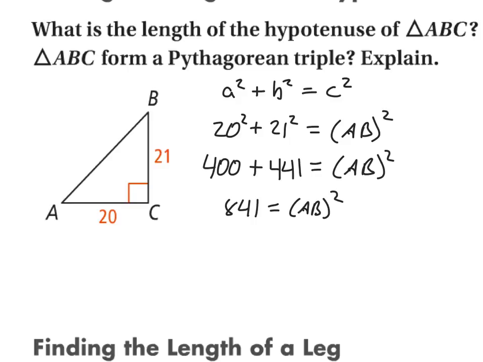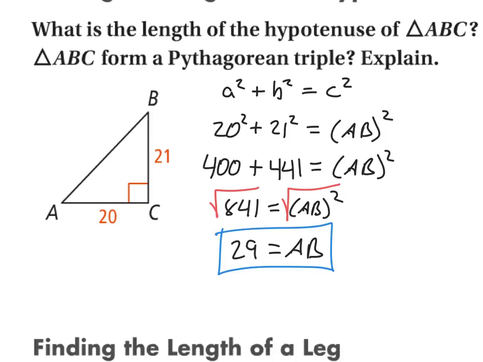How are we going to solve for the length of AB? Take the square root of both sides. We've got to get rid of the squared. So to get rid of that squared, we have to take the square root of both sides. And so then AB equals what? 29. AB equals 29. That is the length of our hypotenuse.